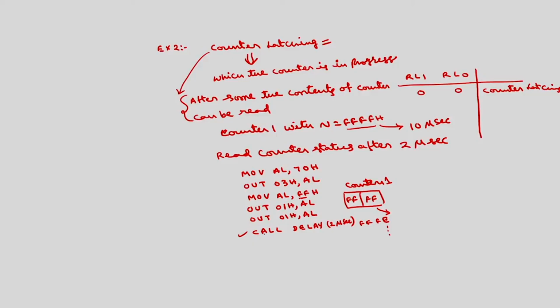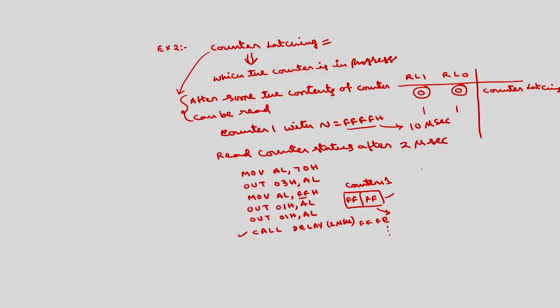Then I have to latch this counter. For latching of the counter, RL1 and RL0 should be zeros. Okay. For reading the 16-bit count, RL1 and RL0 should be 1 1. So what are these bits now?